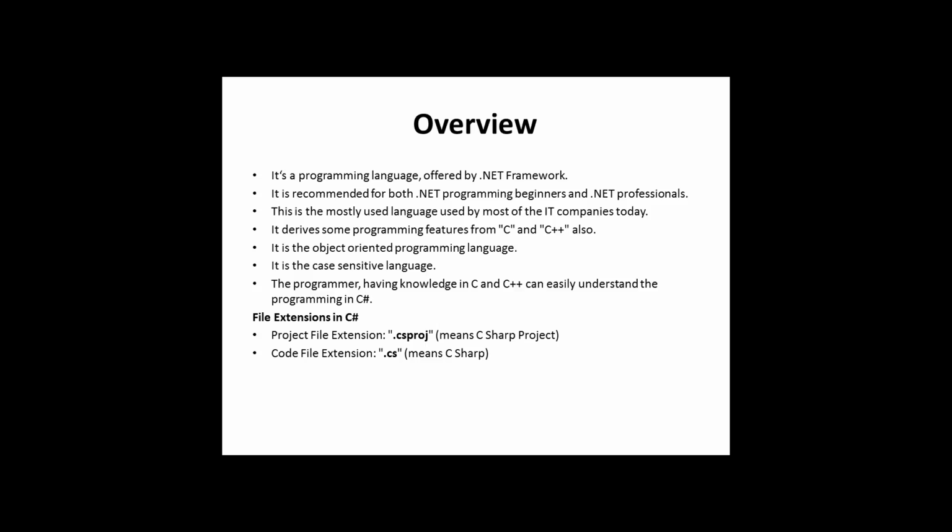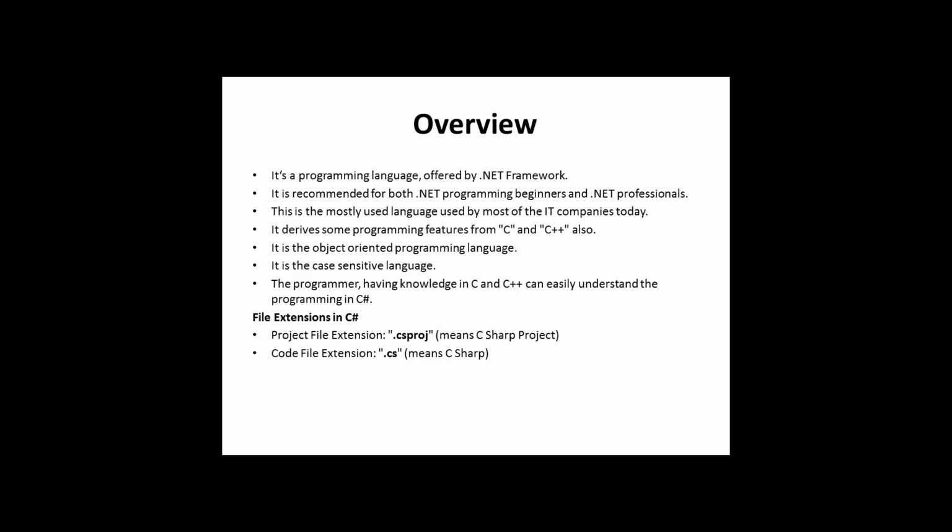Whoever has a programming background in C++ can learn C Sharp .NET well, because C Sharp is inherited from C and C++. It is a case sensitive language. It is derived from C and C++ language.